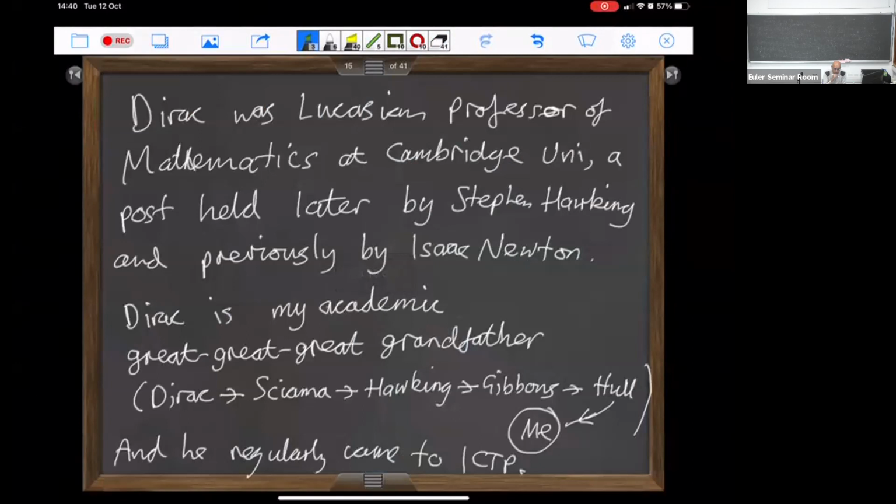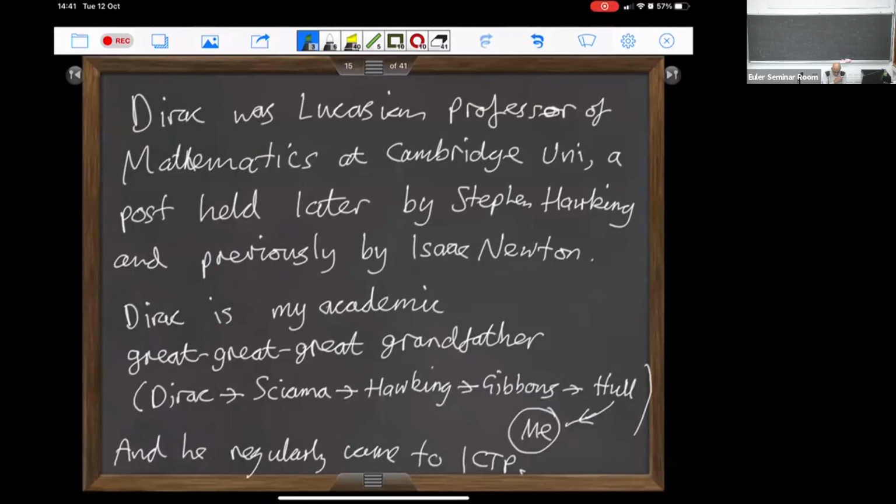Now, Dirac was the Lucasian Professor of Mathematics at Cambridge University, which was a post held later by Stephen Hawking and previously by Isaac Newton. Well, in Isaac Newton's case, it was a long time before. Dirac is actually my academic great-great-great-grandfather, and the chain goes as follows.